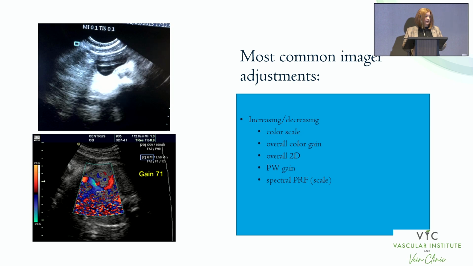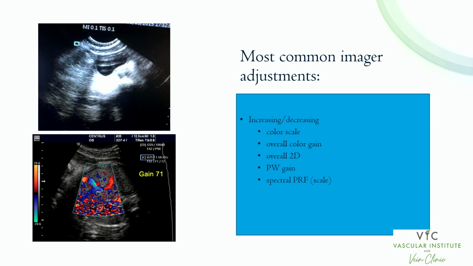And then Tish talked a little bit about artifacts, but increasing or decreasing your color scale, your Doppler gain, your overall 2D, all of that is important to get the best image possible. And the reason we want to get that best image is because we want to give that provider all of the information they need to make a good diagnosis and care plan for that patient.